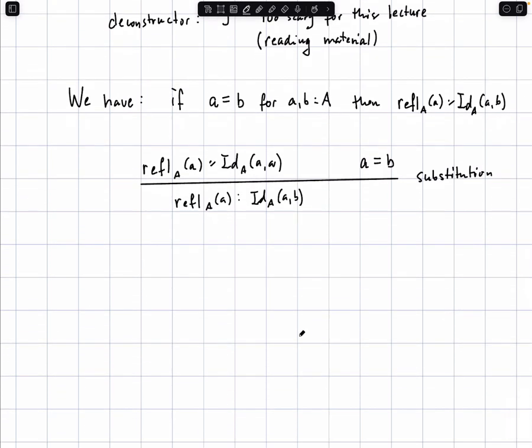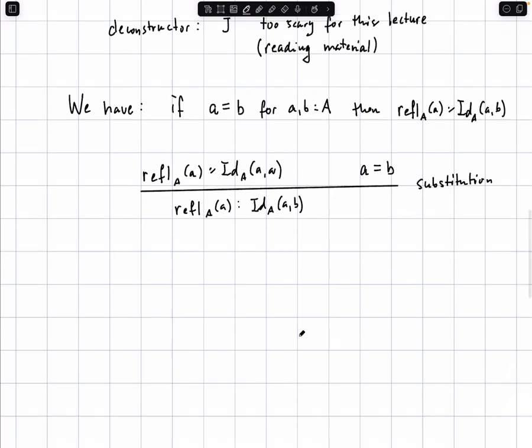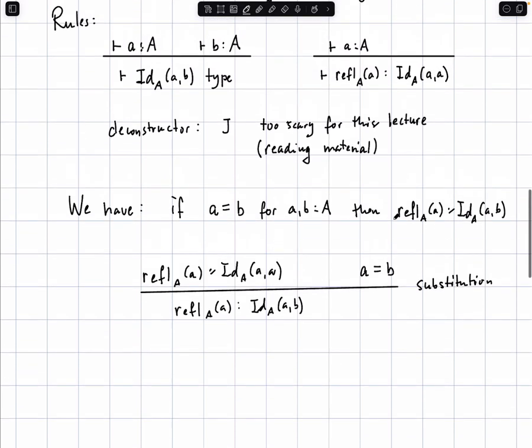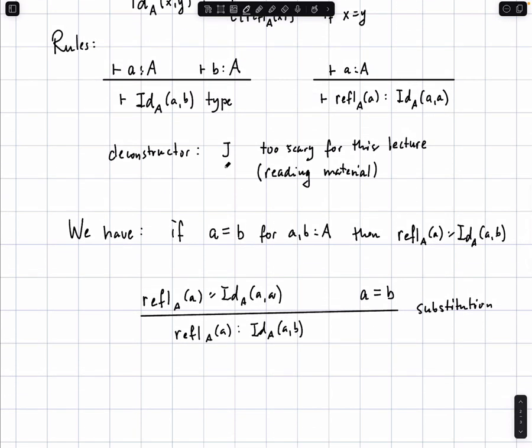Yes? Question? So we need to keep track of all the possible terms in this identity type to be then able to make these substitutions. This kind of substitution you can just make, because this is judgmental equality. The kind you're asking about is this J business, which I skipped.